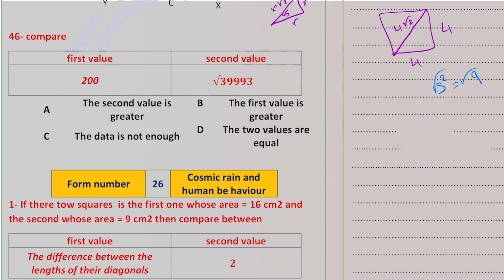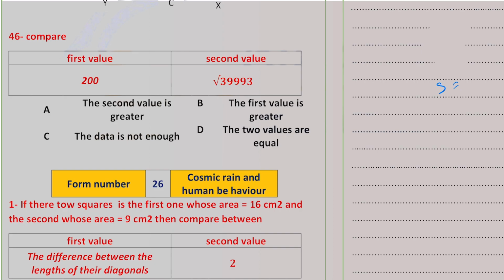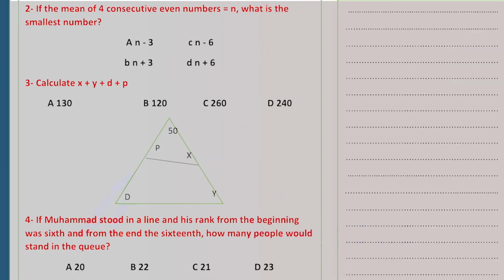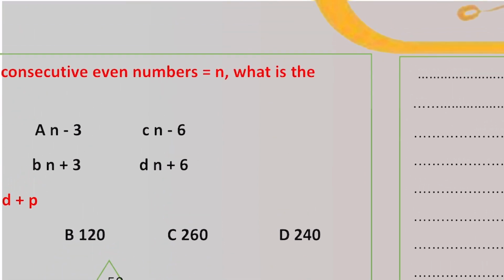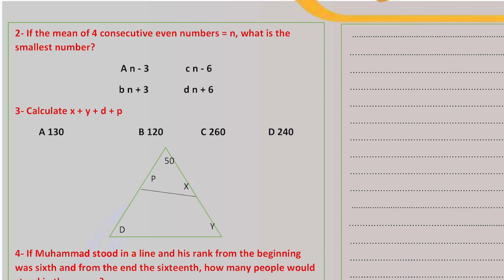Okay? Let's take the next question, question number 2. If the mean of 4 consecutive even numbers is n, what is the smallest number? Okay, I have 4 consecutive numbers.